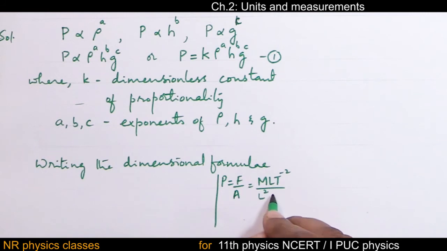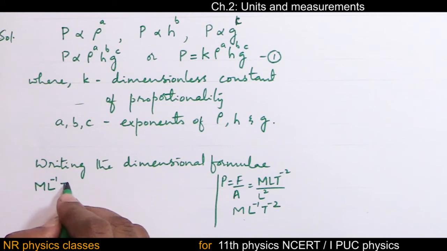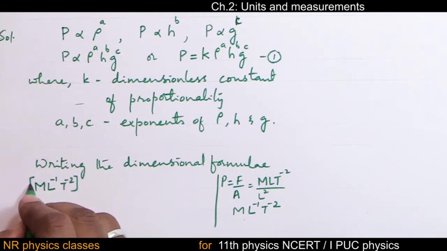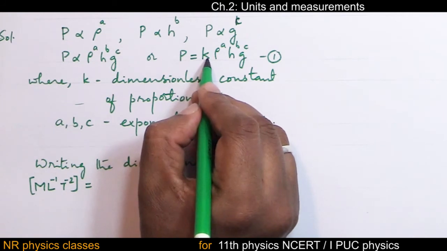Area is L square. Therefore, if you simplify, we get M L minus 1 T minus 2. So left hand side, pressure, M L minus 1 T minus 2, equal to the dimensionless constant. Drop it.